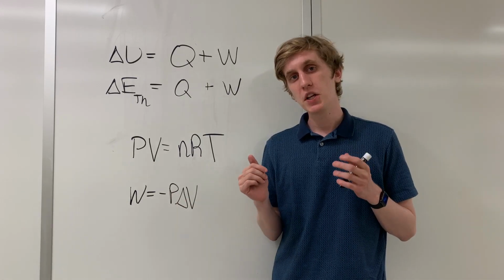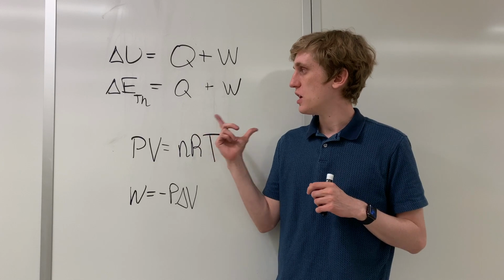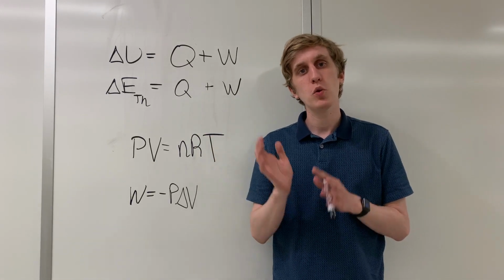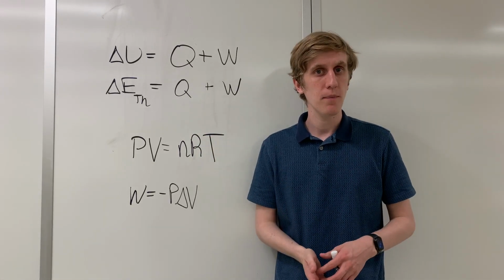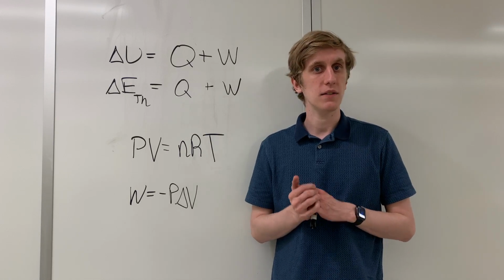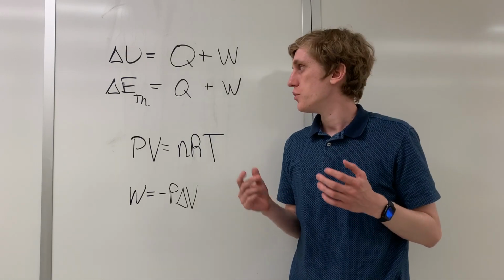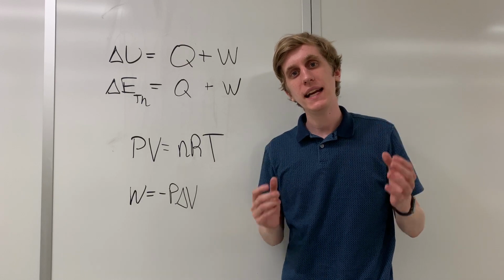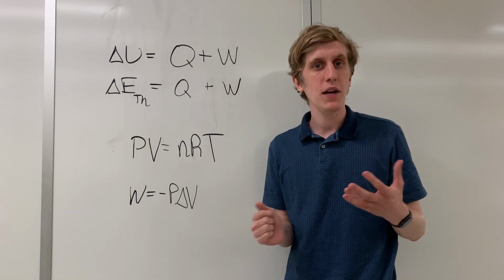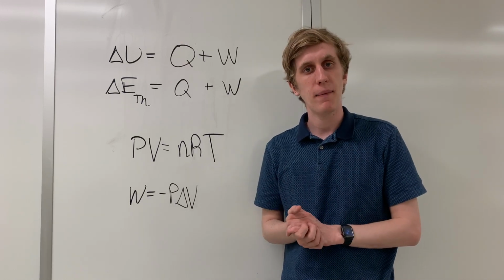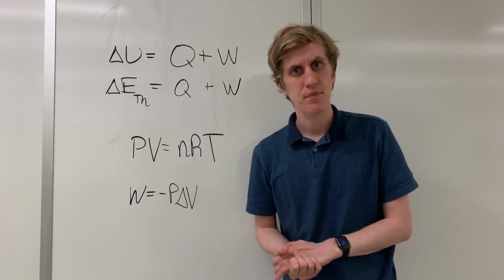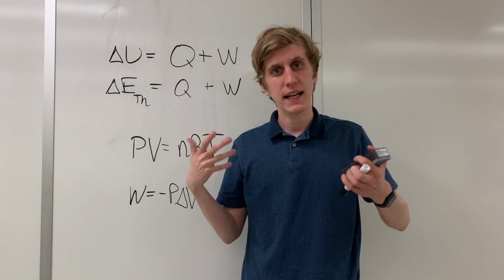We can actually use this information to determine what the relationship is between heat capacity at constant pressure and heat capacity at constant volume. Let's use these equations to calculate the heat capacity at constant pressure as it relates to the heat capacity at constant volume. Let's think about what heat capacity is.